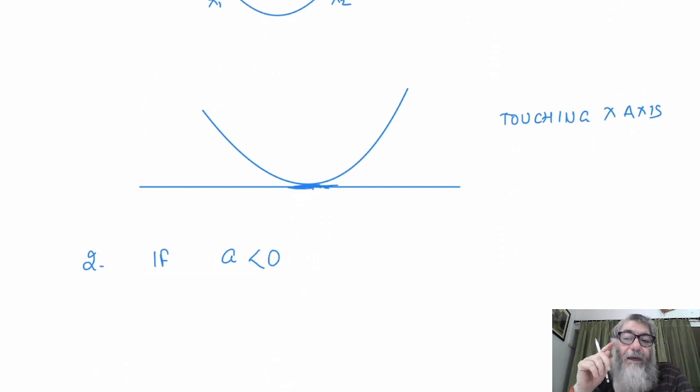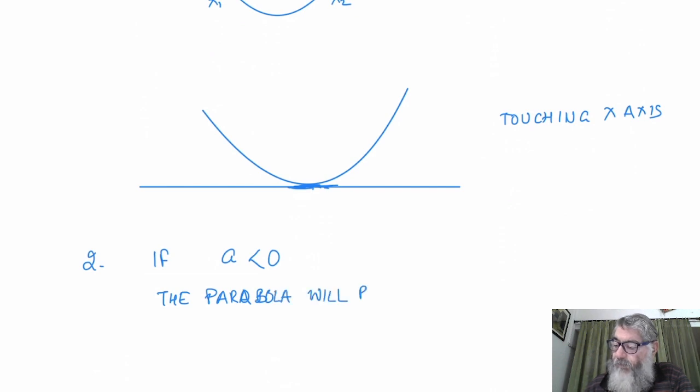This parabola, where a is going to be negative, is opening downward.